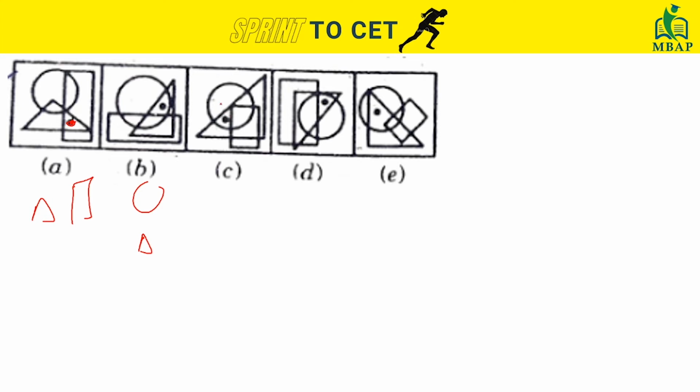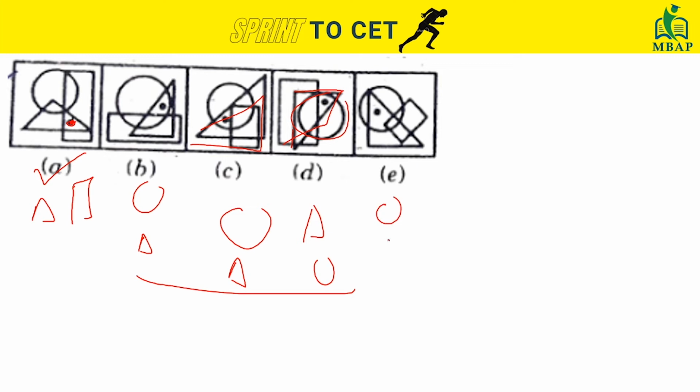In figure C, it is common to the circle and triangle. And in option D also it is common to the triangle and circle. So only in option A is it common to the triangle and rectangle, whereas in every other option it is the circle and triangle. So option A will be the odd man out over here.